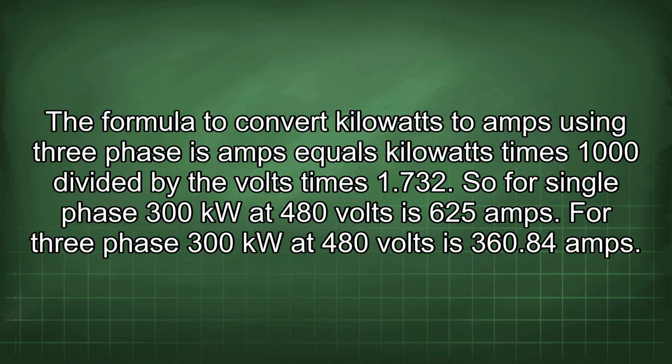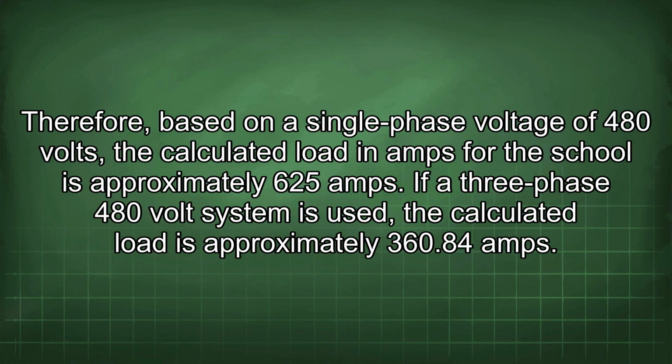For three-phase, 300 kW at 480 volts is 360.84 amps. Therefore, based on a single-phase voltage of 480 volts, the calculated load in amps for the school is approximately 625 amps. If a three-phase 480 volt system is used, the calculated load is approximately 360.84 amps.